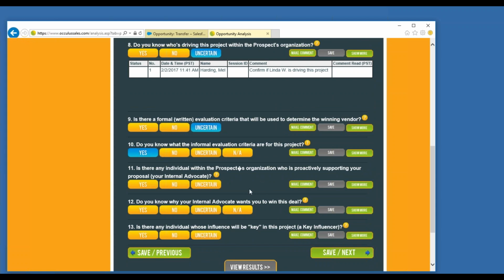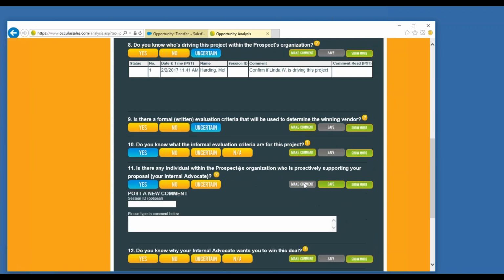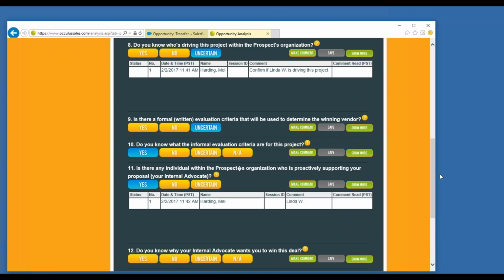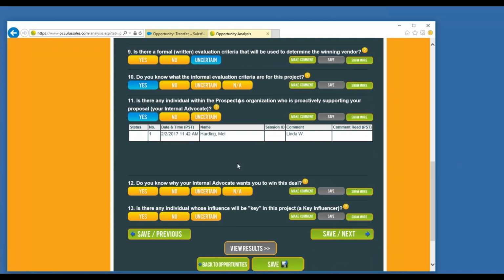So number 11, is there any individual in the prospect's organization who is proactively supporting your proposal? And I'm going to answer this yes, and the person is Linda. And the next question, number 12, do I know why Linda is advocating for my solution?